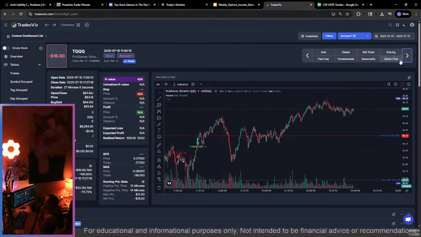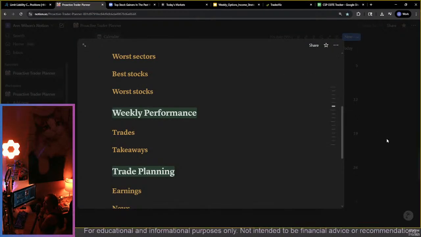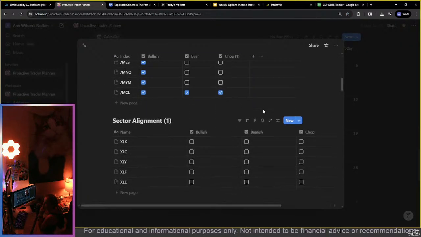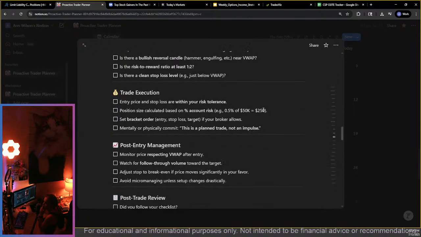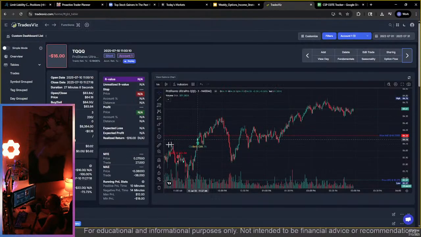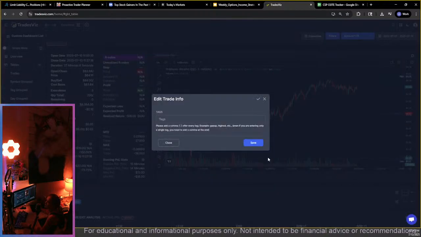This was me trying to be tricky, I guess. Probably below VWAP trade. We can see if I wrote it down. 10th. Yes. Oh, it is kind of all there.